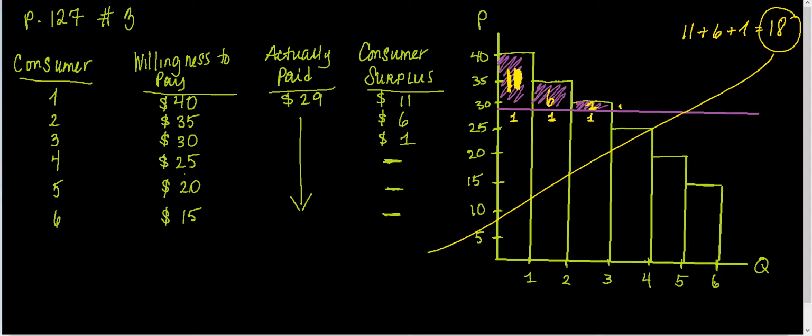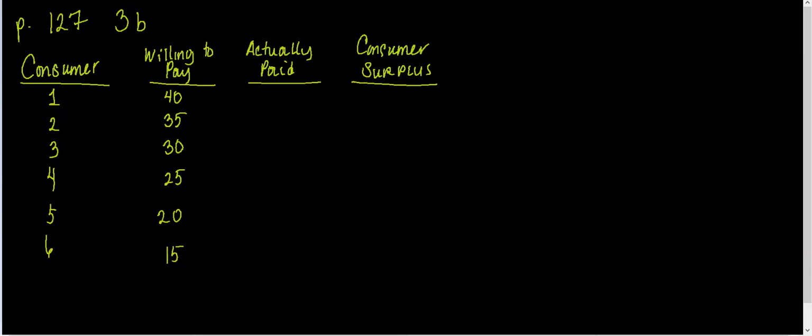Okay, in part B, we're told that the market price decreases to $19. So that means that when they go to the register, each one of these individuals who want to buy a computer game will actually pay $19. Now we are going to calculate consumer surplus again.